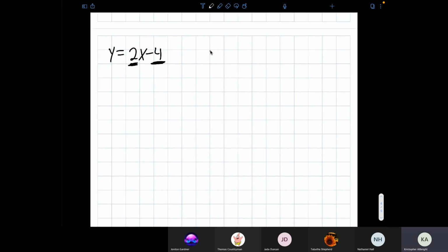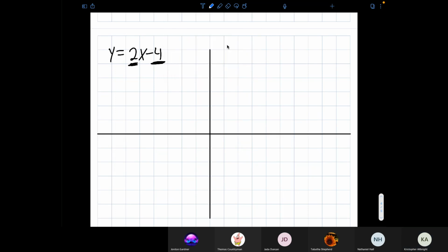So when I make my graph, I do this. And then I go down 4, 1, 2, 3, 4, and I plot a point because that's my y-intercept. I got that from right here. Because it's negative, we go down. And you're always going to go on this line.